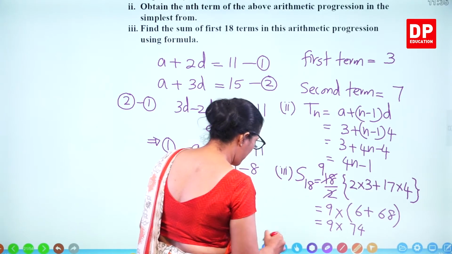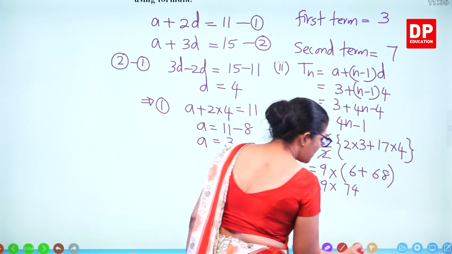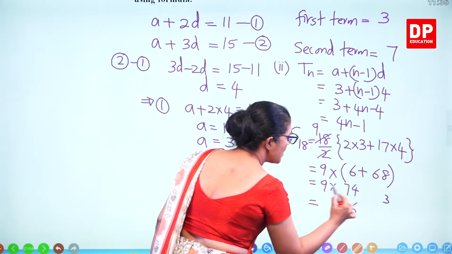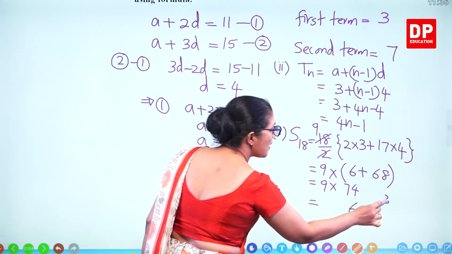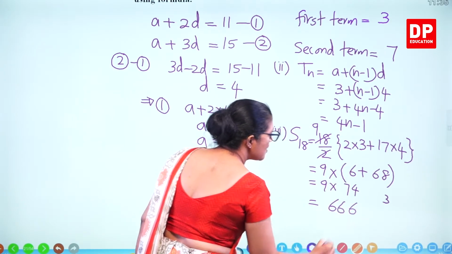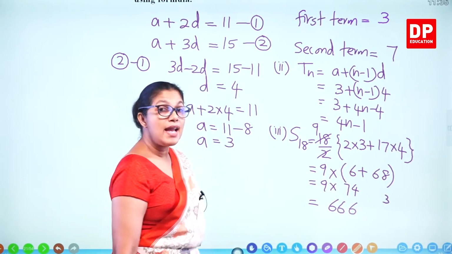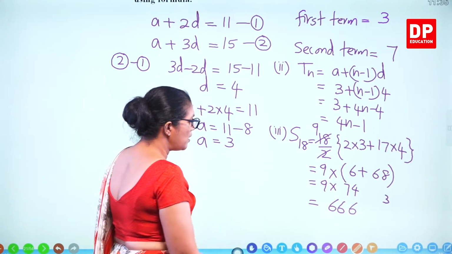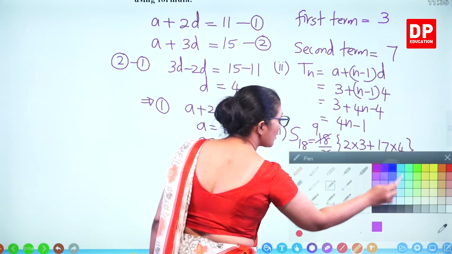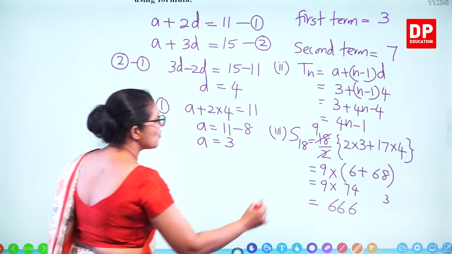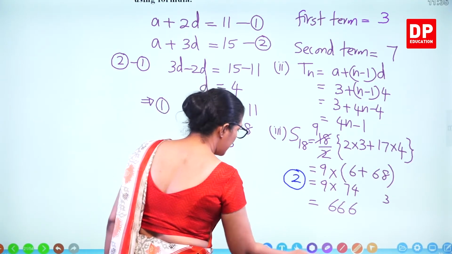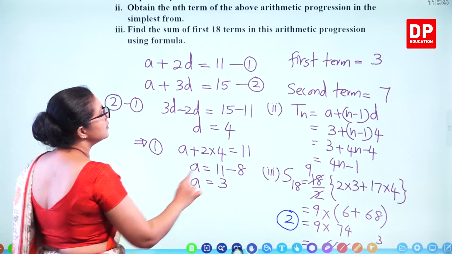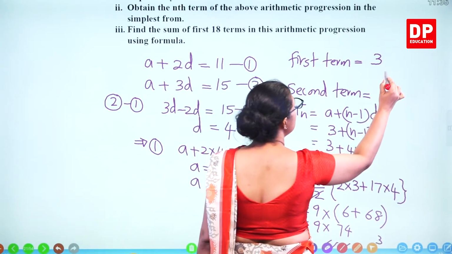Now multiply and write down the answer. 9 times 4, 36. 3 remaining. 9 times 7, 63 plus 3, 66. So you get sum of 18 terms is 666. So we'll give marks for that part. That's arithmetic sequence. So you get 2 marks for finding the sum. And here first term and second term.